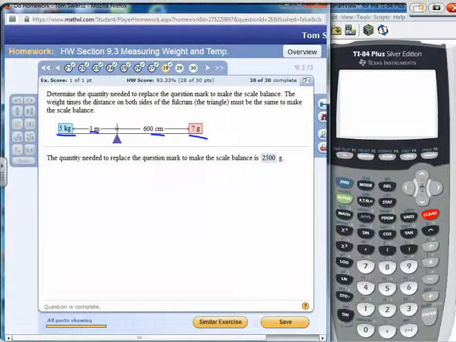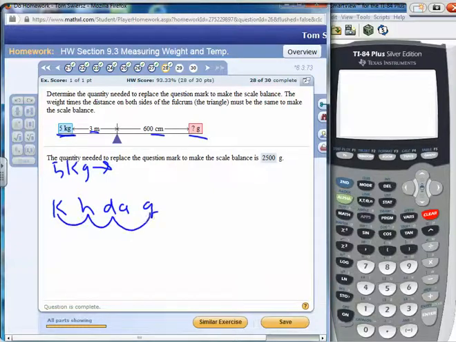We want our answer in grams, so we're going to do everything in grams. So right here, the 5 kilograms will change to grams. And again, kilo, hecto, deca, the unit grams by itself. So it's 1, 2, 3 jumps to the right. So 5 kilograms, 1, 2, 3 would be 5,000 grams.